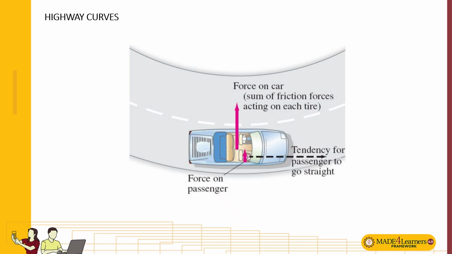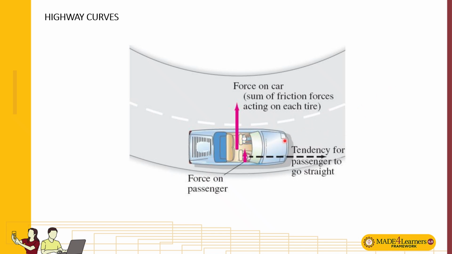For other applications, highway curves must be designed well so that the frictional force would really do its part in ensuring the safety of the passengers. Especially if the road is slippery, friction is reduced, so everybody must be cautious in driving.